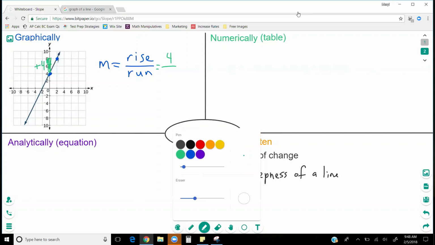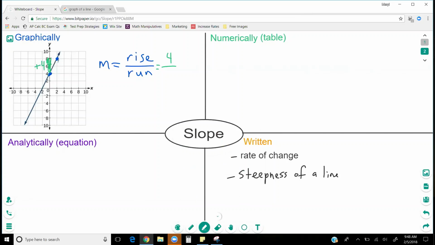And then I want to see how many do I run. So running is this horizontal distance to the right. And right is positive. You can see we started out here at 0 and went over to 2. So that would be 2 here as the run. If you simplify 4 over 2, 4 divided by 2 is 2. So steepness of that line is 2.